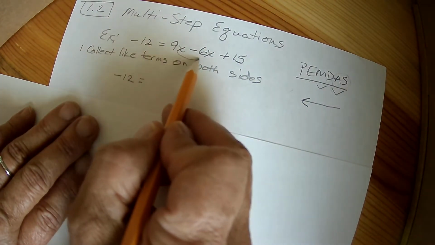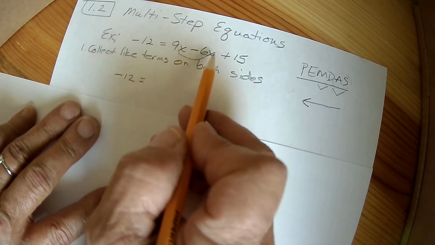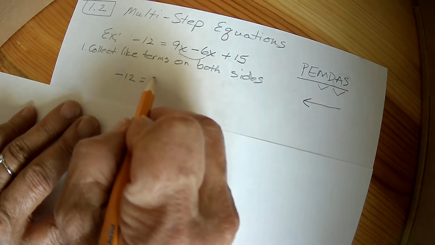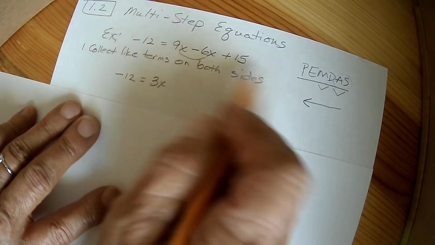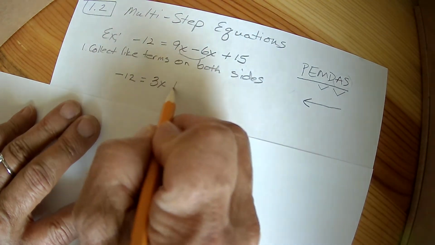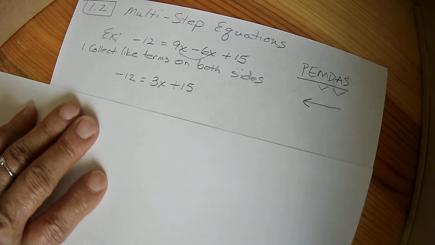But I can add these two together because they're the same kind of term. So if you have 9x minus 6x, the result of that is obviously 3x. And then plus 15, I don't have any other constants on that side to add to that. So now here is the equation I need to solve.